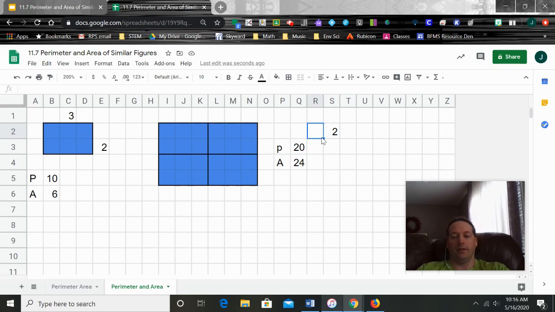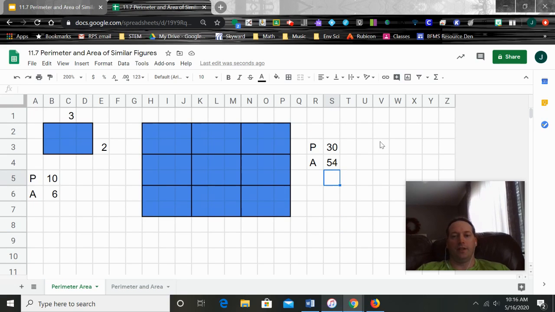So the perimeter of this one is double that one. Well, what's the area going to be? Okay, so that's going to be 24 divided by 6, which is 4. 2, 4. Is there a connection? Of course there is. Let's come over here, do the perimeter.